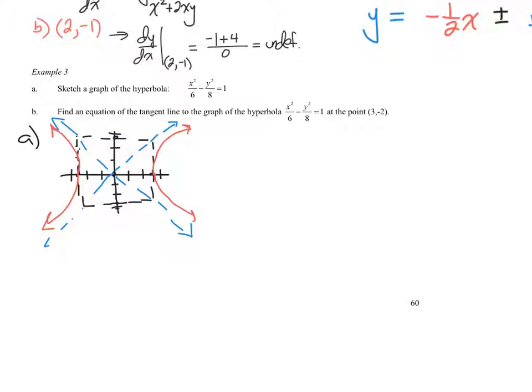Now part B is asking for the equation of a tangent line at the point 3, -2. You could roughly estimate where 3, -2 is just to get a sense. It's somewhere in this neighborhood, so we're looking for a tangent line kind of like this.